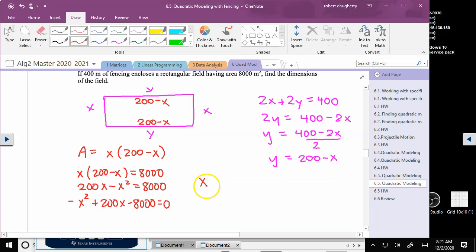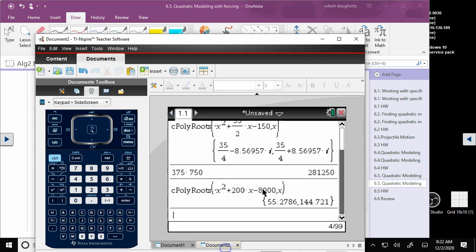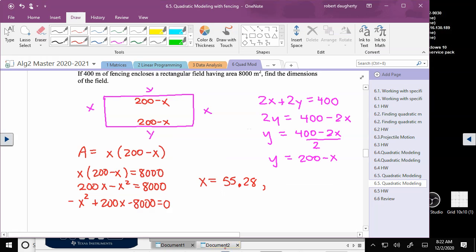So X is equal to 55.28, and X is equal to 144.72.